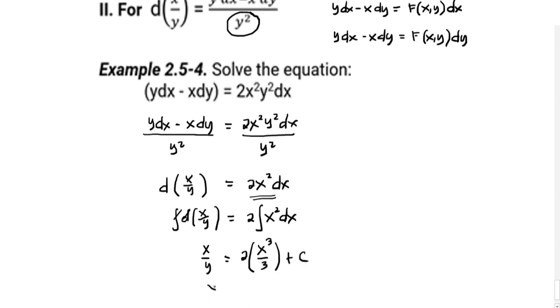Then simplify: x over y is equal to 2x cubed over 3 plus c, and this is our answer. Then the question, how about if this right side is not ready for integration? So that would be our next example.